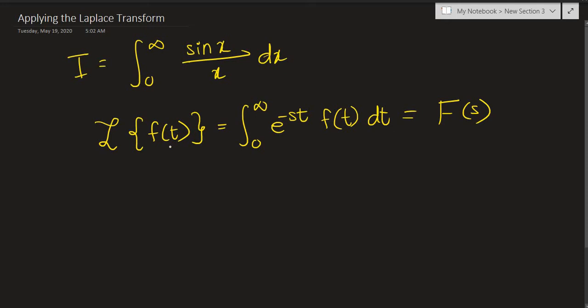But notice that we have to have a function of t for the Laplace transform to be applied to it, and we don't have a t here, right, in our original problem.